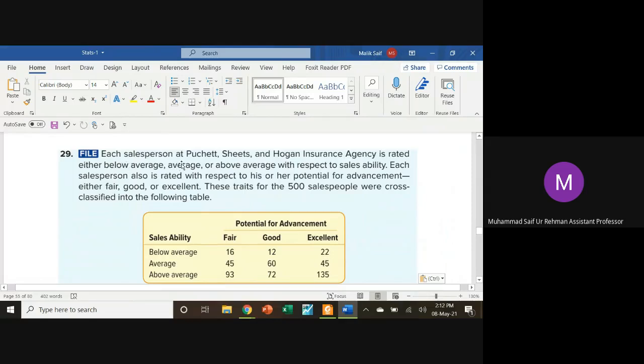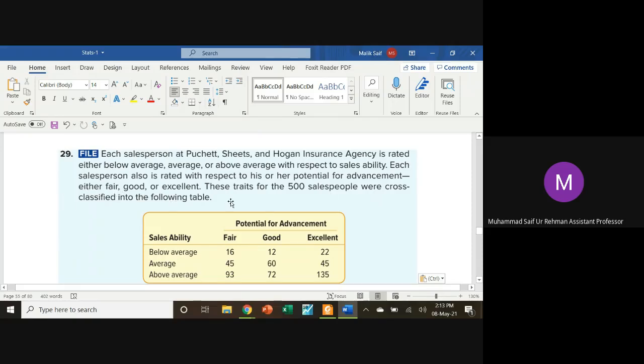Each salesperson at Pochet Sheets and Hogan Insurance Agency is rated either below average, average, or above average with respect to sales ability. Each salesperson also is rated with respect to his or her potential for advancement, either fair, good, or excellent.